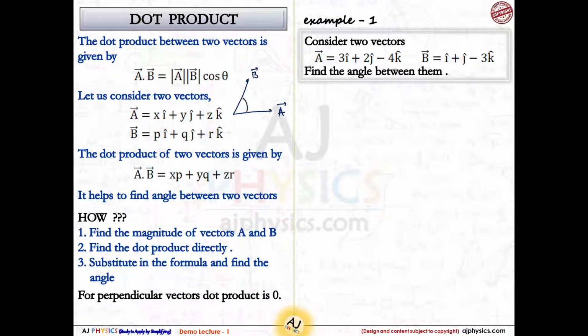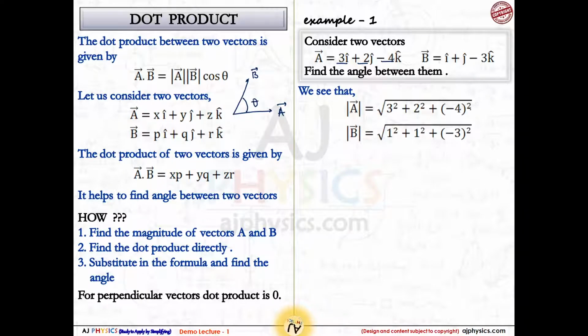The magnitude of a will be root of 3 square plus 2 square plus minus 4 square, and the magnitude of b will be root of 1 square plus 1 square plus minus 3 square. So this comes out to be root 29, and this comes out to be root 11.